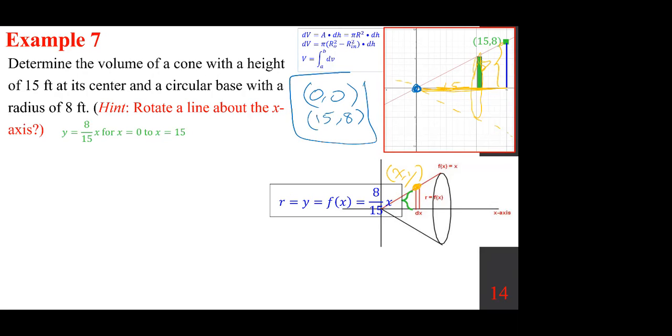Convince yourself, given the two pairs, you can come up with the equation of this line, y equals 8 over 15x. All you have to do is calculate the slope, y equals mx plus b, and b is 0. That I leave for you. Just finish the job as follows. So pi, and then r squared, we decided r is the y coordinate, so y squared times dh, which we decided is dx, and we replace the y or f of x with 8 over 15x.